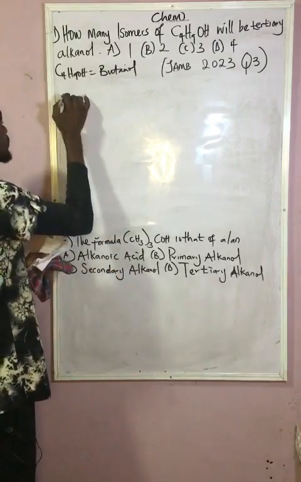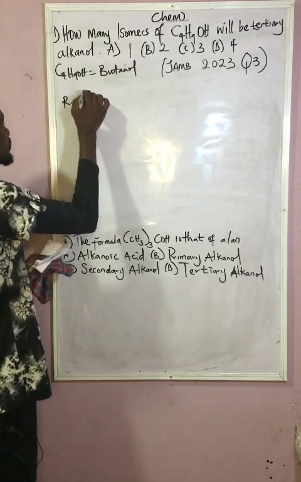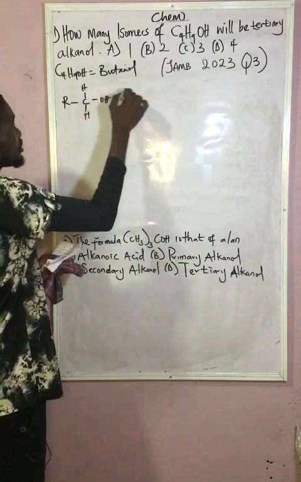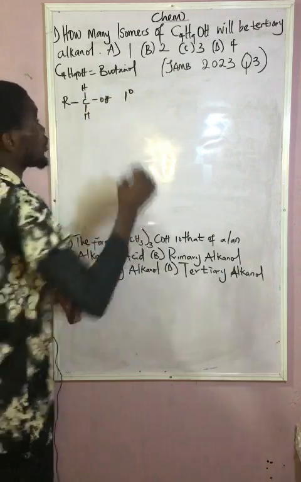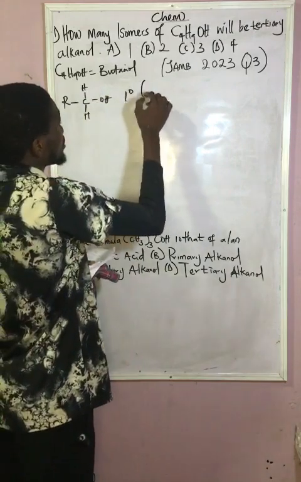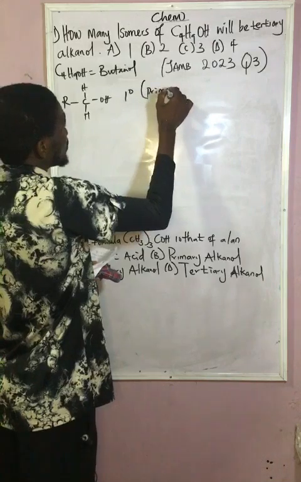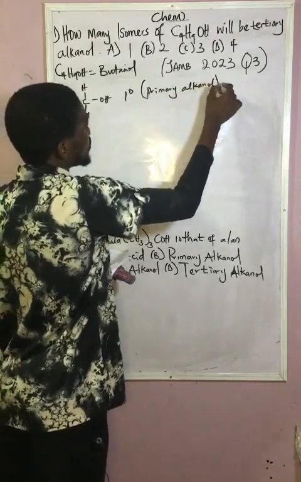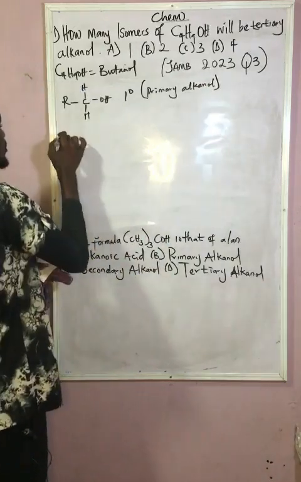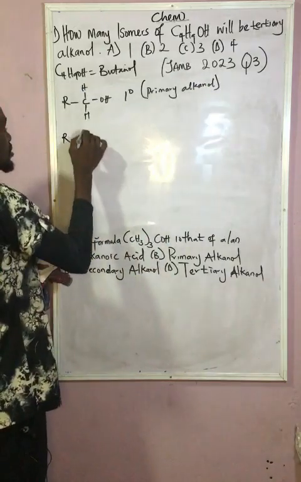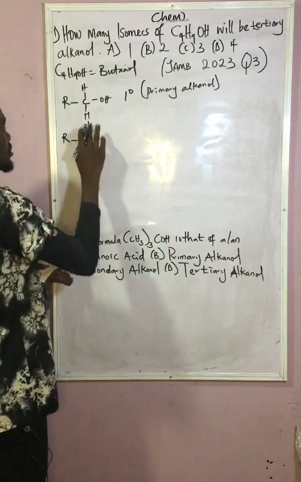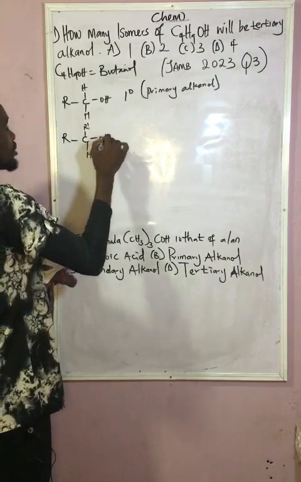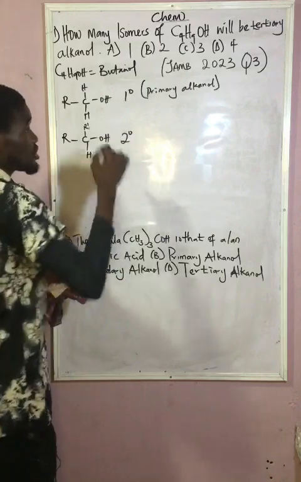If you are given this, this is a good example of a primary alkyl. Are you with me? If you have this R prime, so we have H, this is an example of a secondary alkyl.